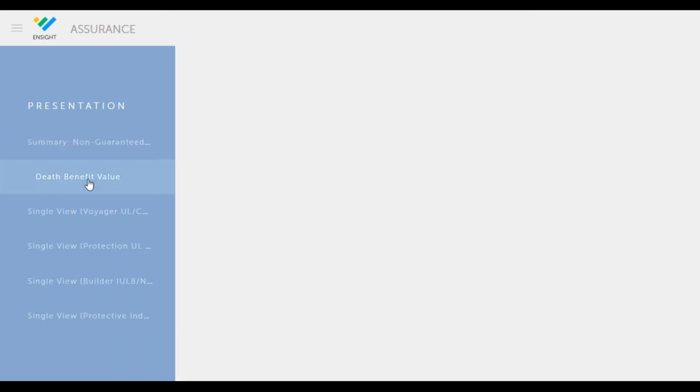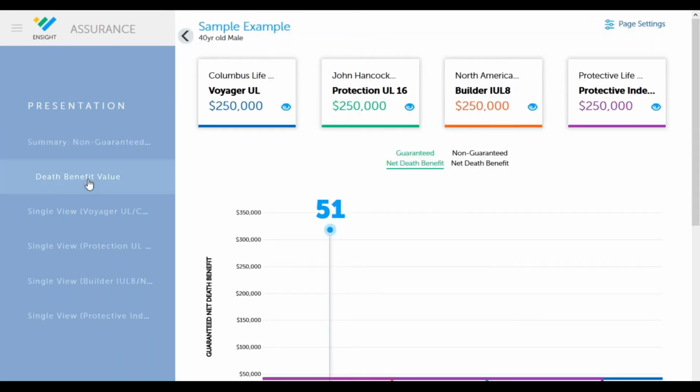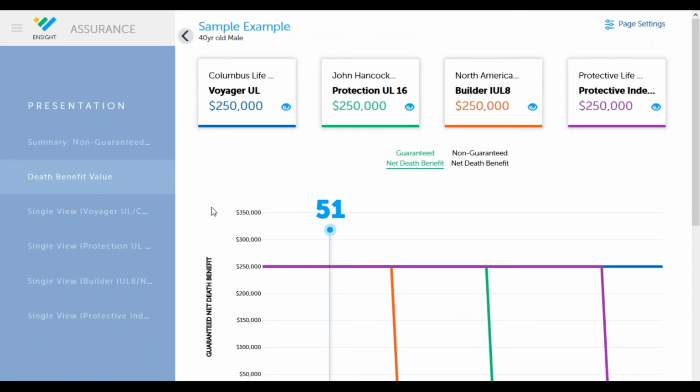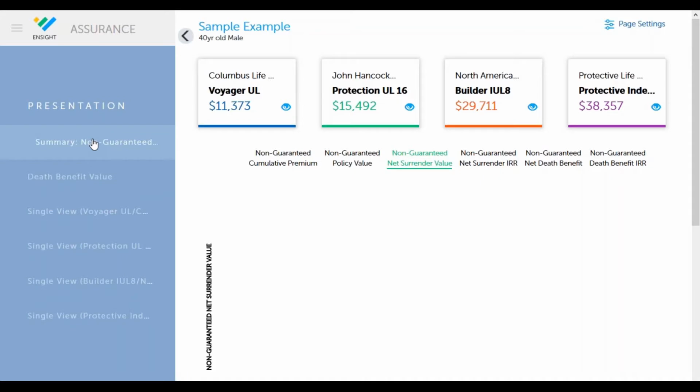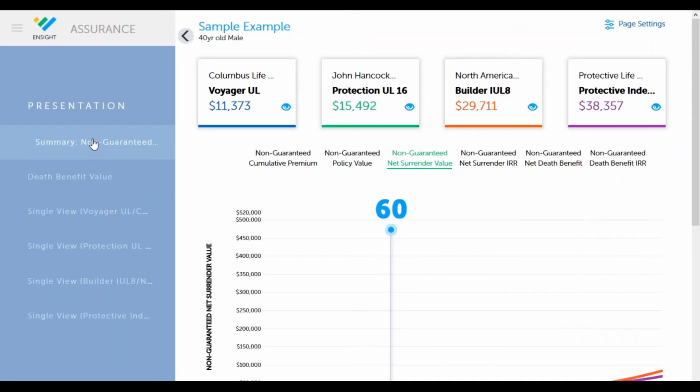So I said, okay, well, what happens if we put that same money into some other products that we might consider? So I looked at a current assumption UL, in this case with John Hancock. They've got a pretty high interest rate on that product. It performs fairly well for a current assumption UL.